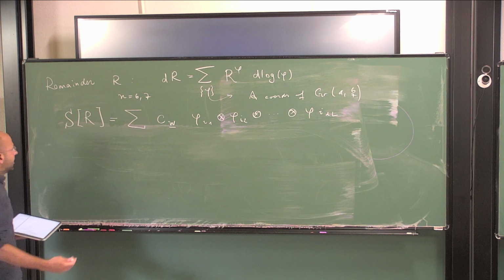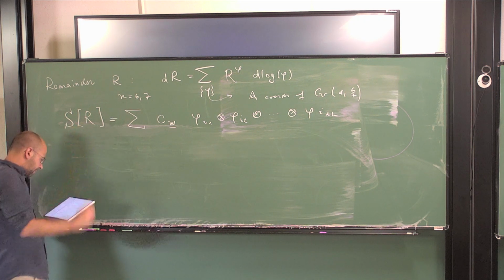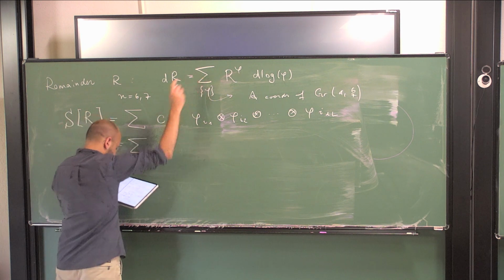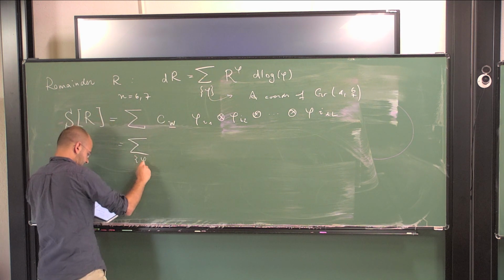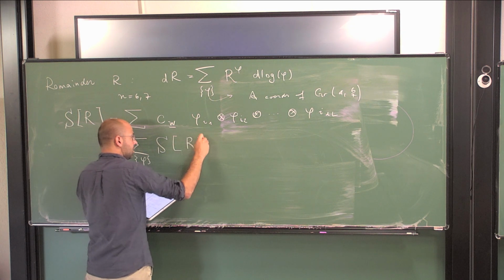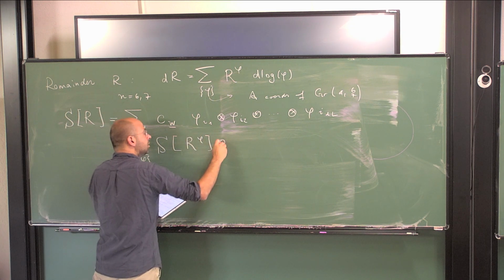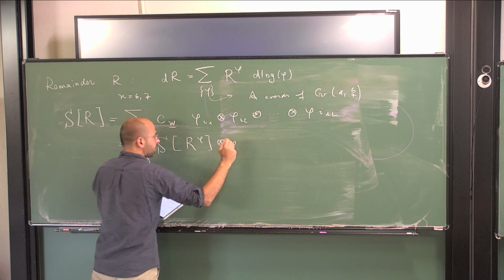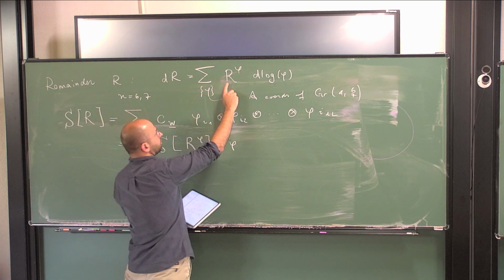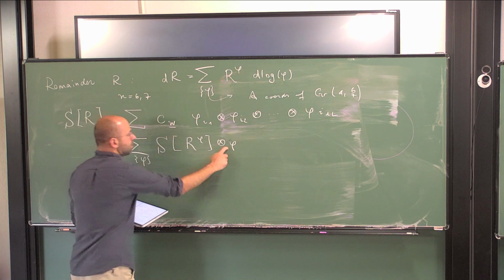But as long as you have polylogarithms, this map is defined. And it is defined in analogy with this equation: you drop the logs, and recursively you compute the symbol of that and tack on this letter phi.